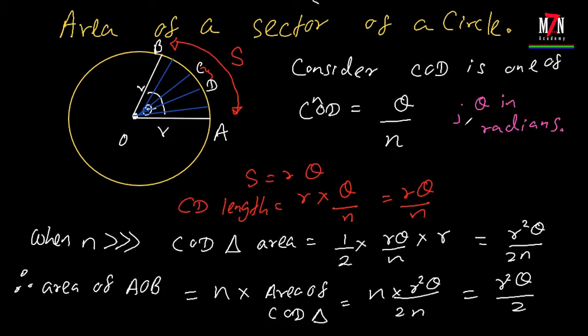Okay, then let's move to some examples. First one. A circle has the radius of 4 centimeters.